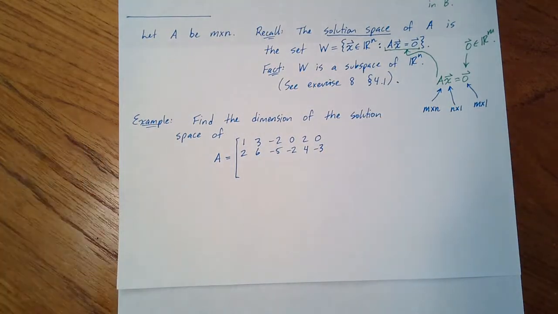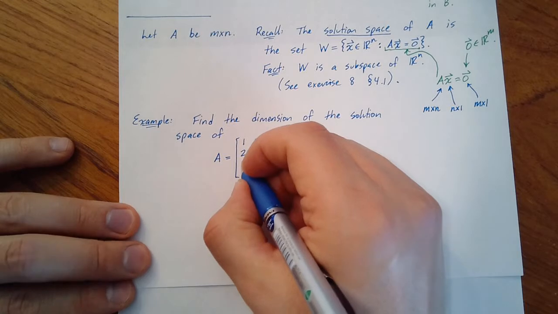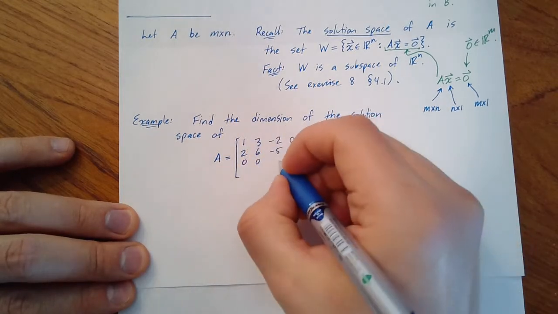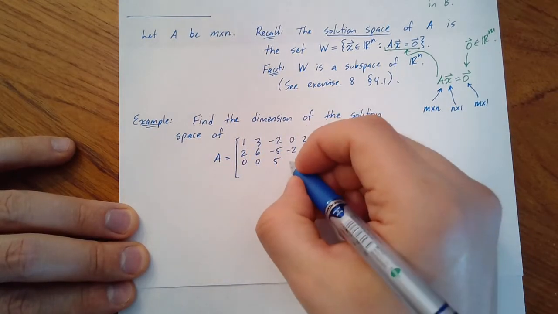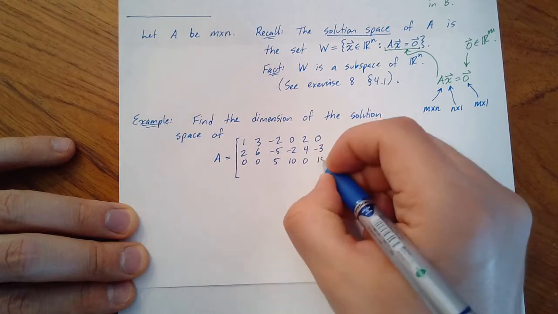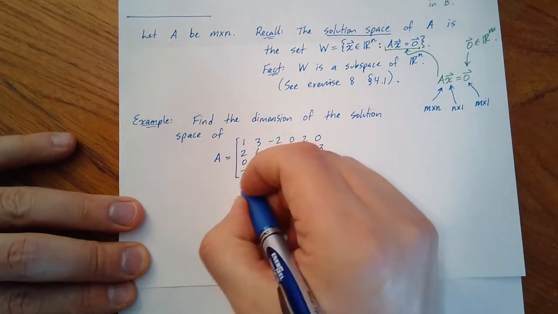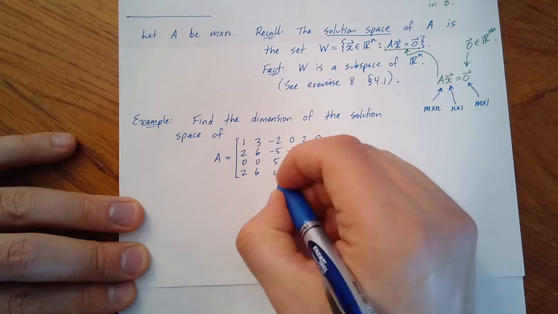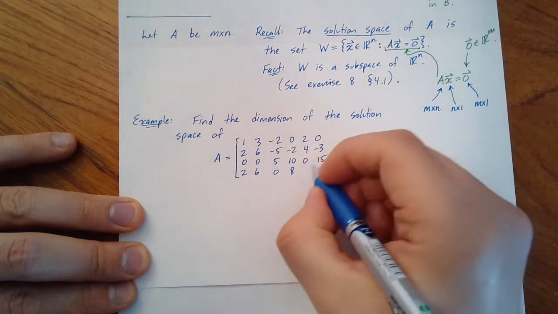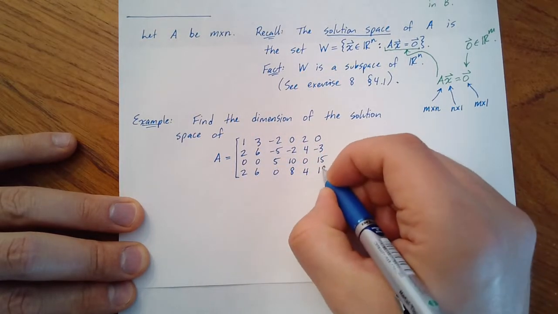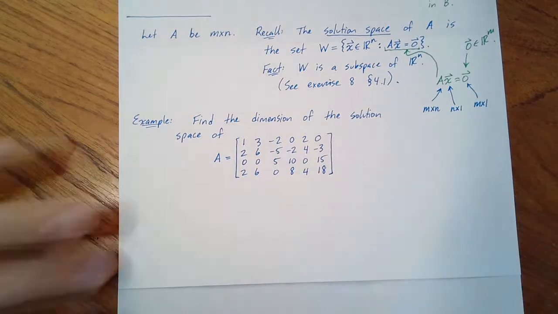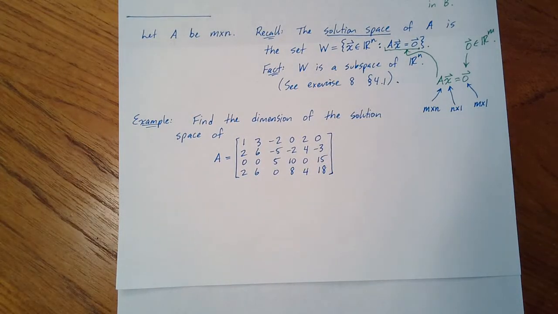So that's our second row. And the third row will be 0, 0, 5, 10, 0, 15. And then our last row is going to be 2, 6, 0, 8, 4, 18. So that's a 4 by 6 matrix.